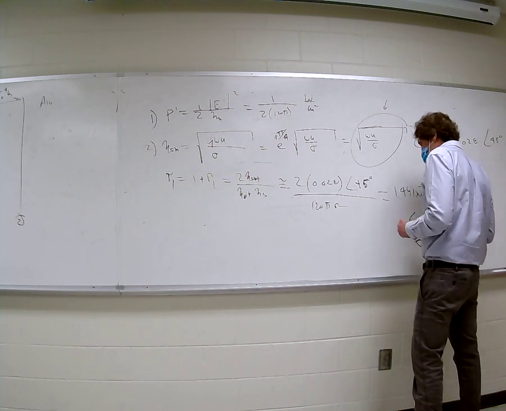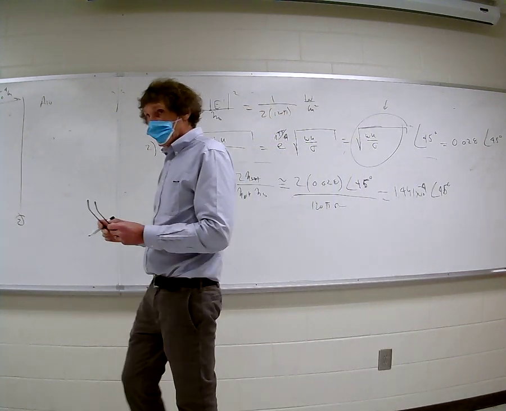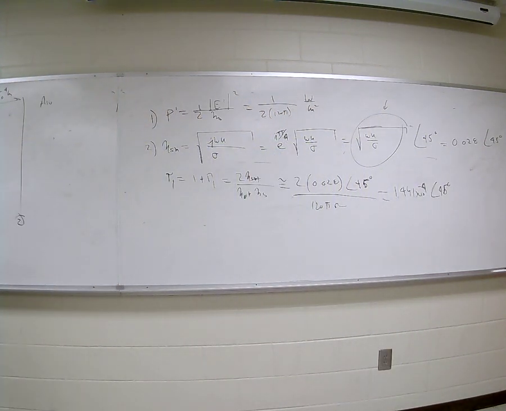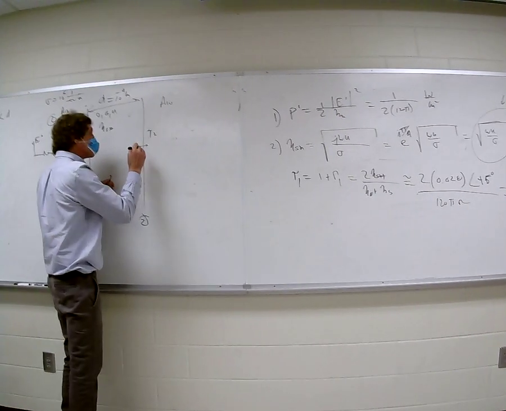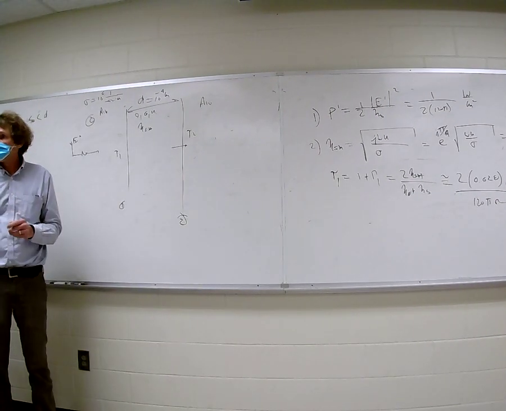This will enter in a second, but it's not right here. Do you all agree with me? Let's go ahead and get the reflection or transmission coefficient here. This is tau 1 that I got. Now tau 2 is 1. That's transmission coefficient boundary 2, correct?